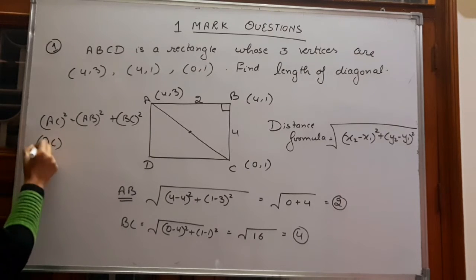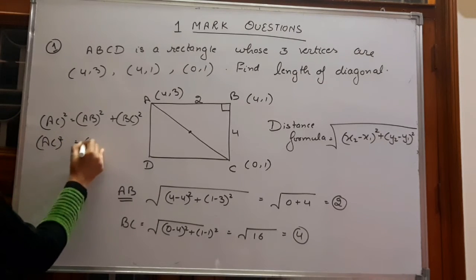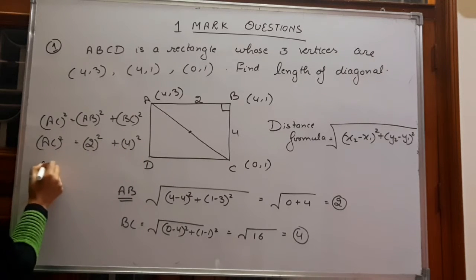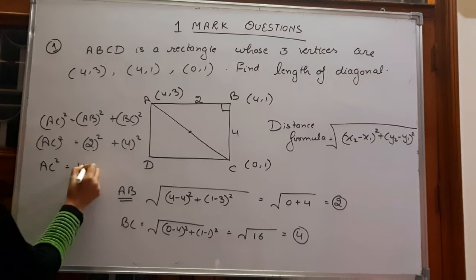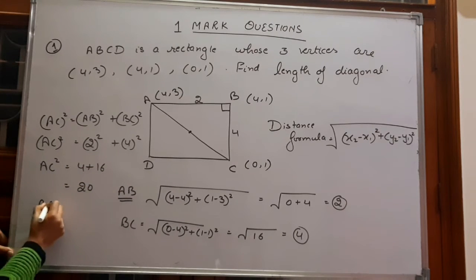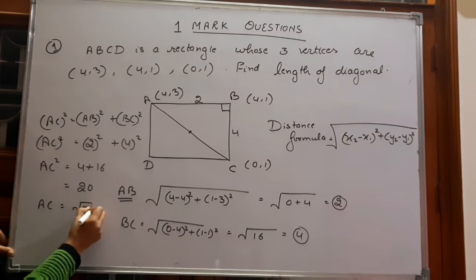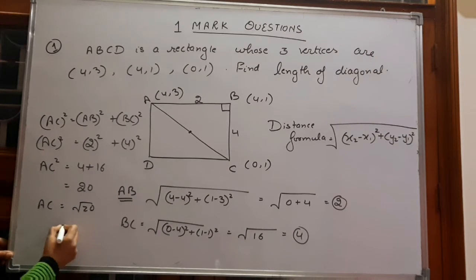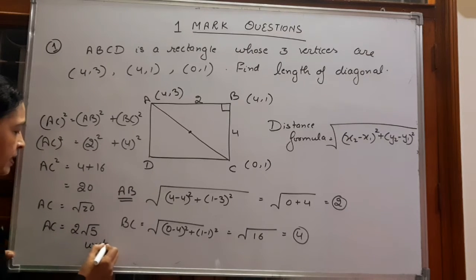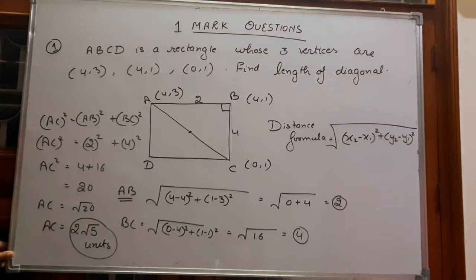AC square is 2 square plus 4 square. AC square is 4 plus 16, that is 20. And what is AC? Root 20. Root 20 is root of 4 into 5. Root 4 is 2 and root 5. AC is 2 root 5 units. It is the length of the diagonal.